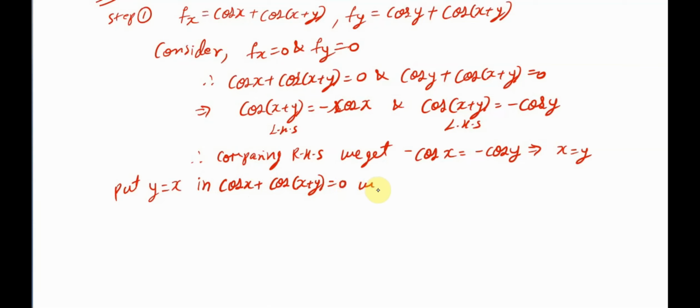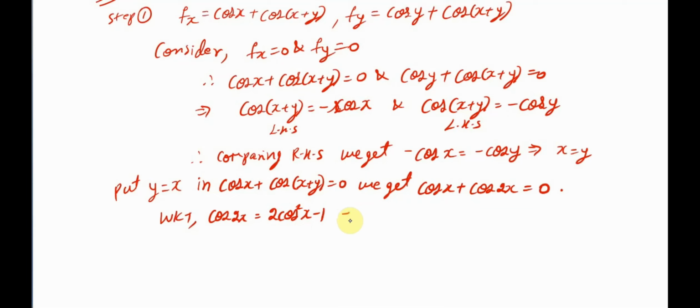So what we get here, friends, is cos x plus cos 2x is equal to 0. We know that cos 2x is 2 cos square x minus 1. I will substitute in this equation: cos x as it is, plus 2 cos square x minus 1 is equal to 0.